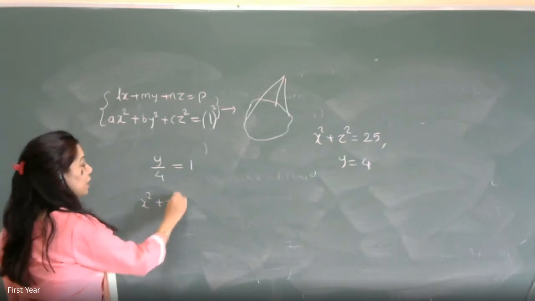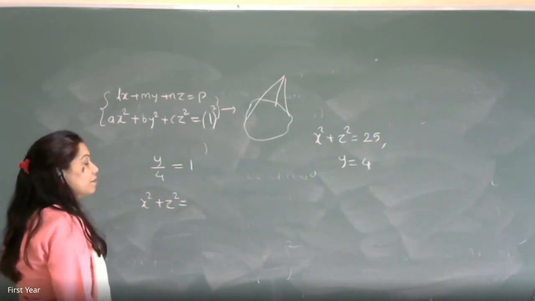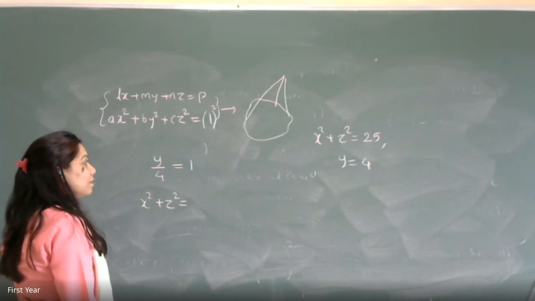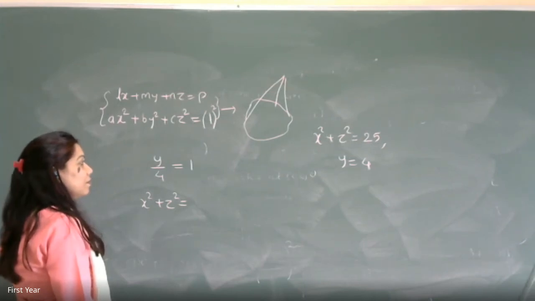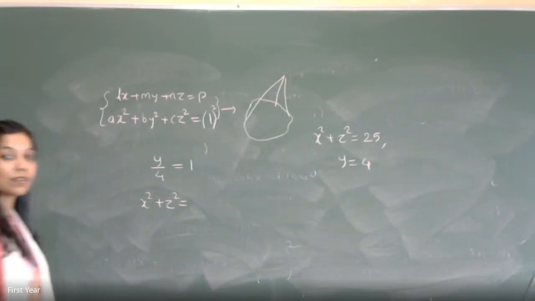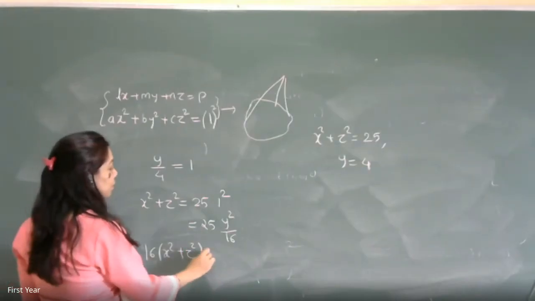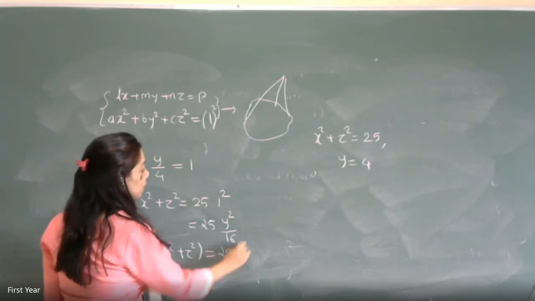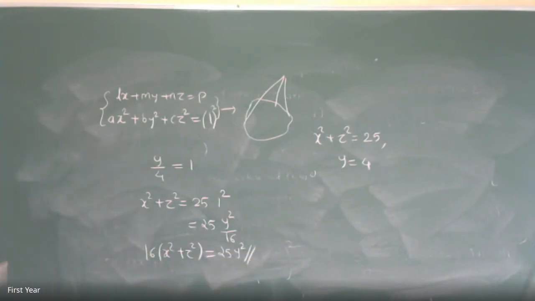Okay, tell me the answer quickly. x square plus z square upon 25 equals y square upon 16, so 16 into (x square plus z square) equals 25 y square. That's the equation. So definitely such type of questions will be there in your exam.